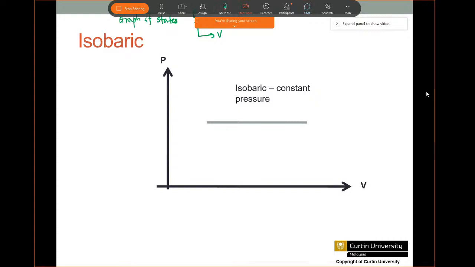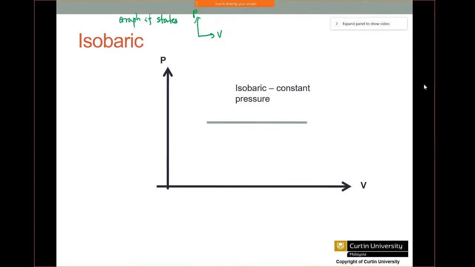No, if it is not an isobaric process, then you have to apply both P1 and P2. We will look at the example later on. Only in an isobaric process can you use the same pressure, because the pressure doesn't change. So the graph of states will be either PV, or P versus T, or volume versus T.